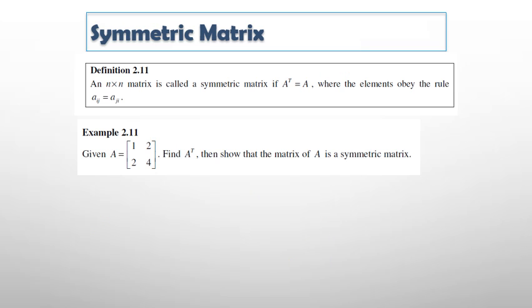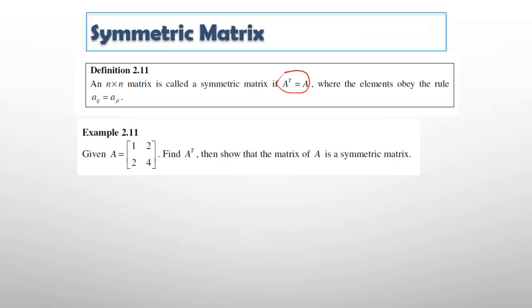Now, symmetric matrix. The symmetric matrix is related to the transpose. If we transpose a matrix A, A transpose equals A, then it is called a symmetric matrix. It means if we transpose a matrix A, then we get the same thing A, meaning nothing changed. So this is an example of a symmetric matrix.